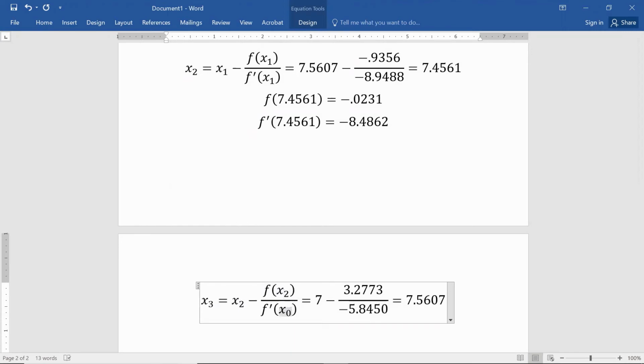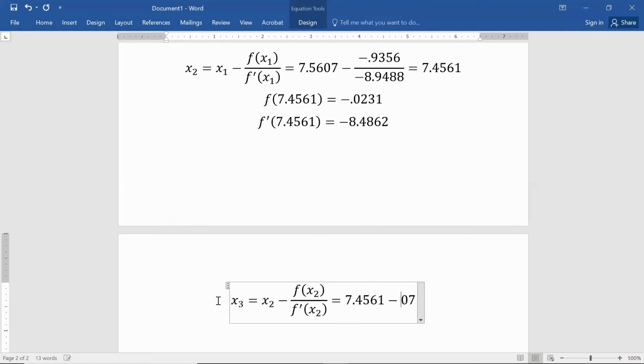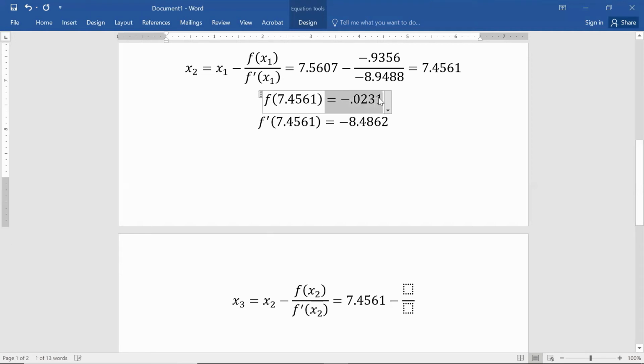We would take x2 minus f of x2 divided by f prime of x2. So that is 7.4561 minus this fraction.